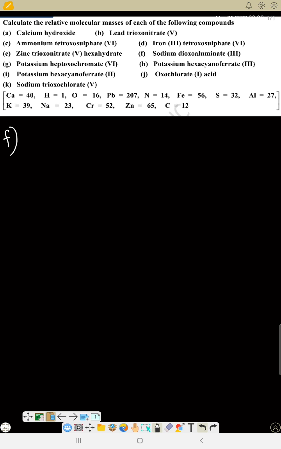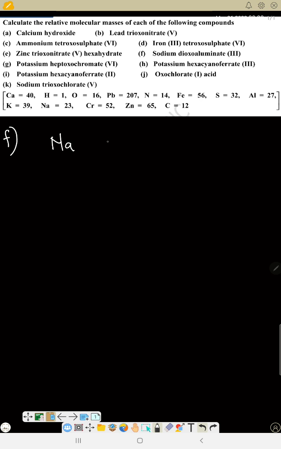The next one is sodium dialuminate 3. So sodium dialuminate 3. Sodium is Na.